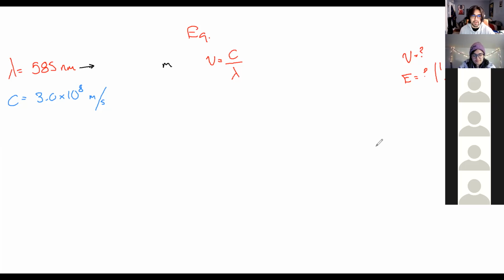Smaller than meters, so I get a small number. How do I convert? Isn't 1 nanometer 10 to the minus 9th meters? Yes, 1 nanometer is 1 times 10 to the minus 9th meters. So what do we get?